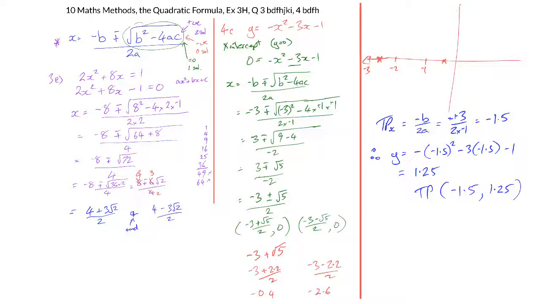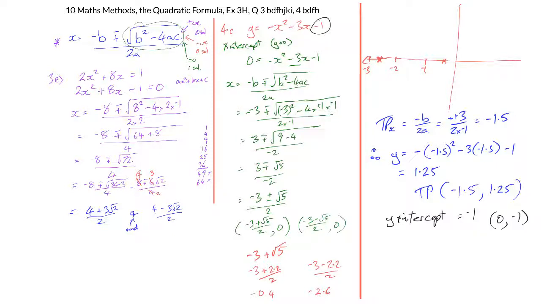The other thing we need to work out, and it's not hard to work out because you just need to see it, the y-intercept is simply negative 1. Y-intercept equals negative 1. So that is 0, negative 1.